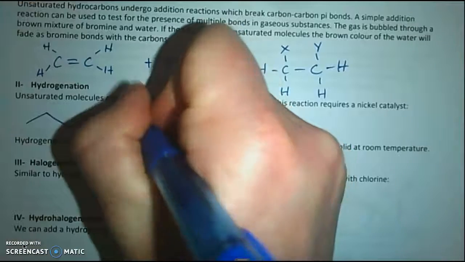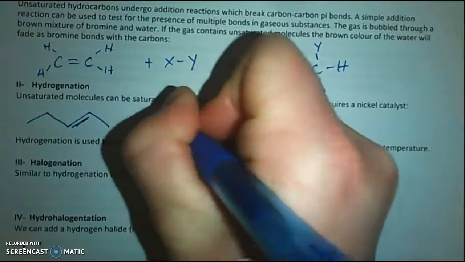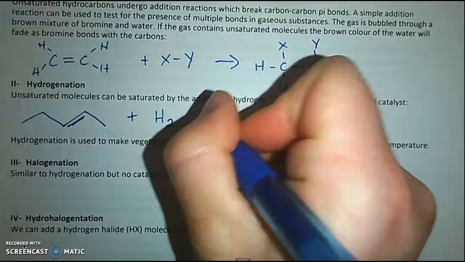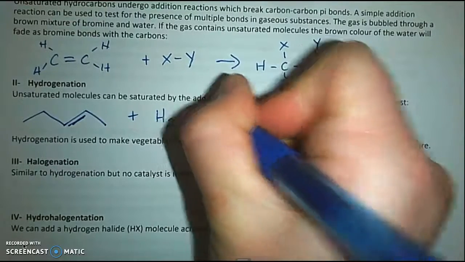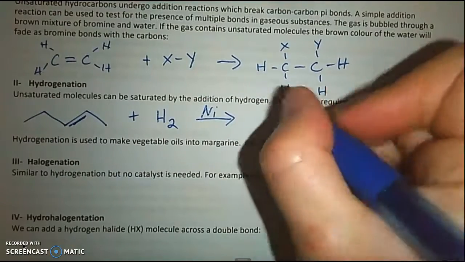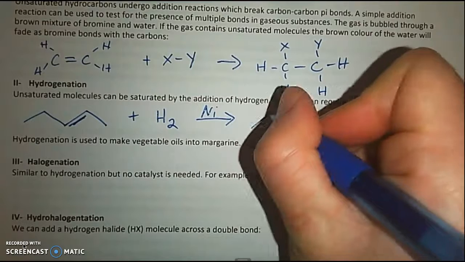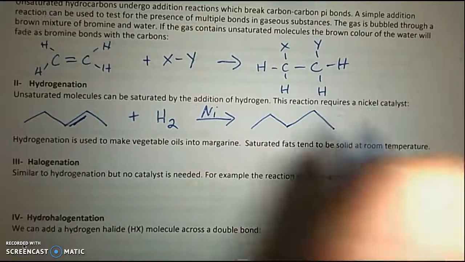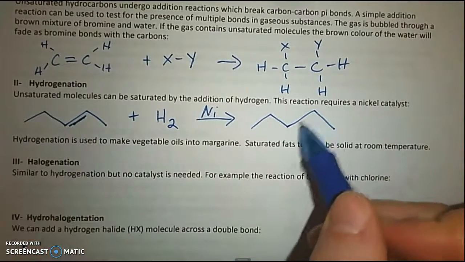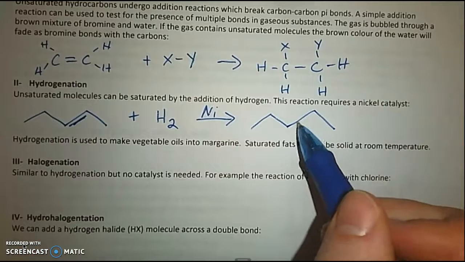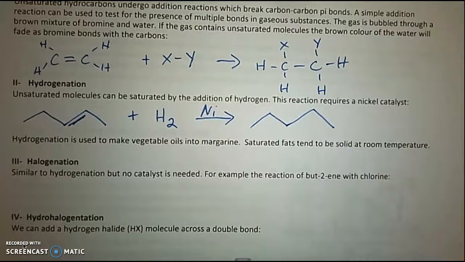Okay, and it's hydrogenation, which means that I'm adding hydrogen. And in the presence of a nickel catalyst, the hydrogen uses the electrons from that double bond to make new single bonds to hydrogen, and I end up with an alkane as a result.